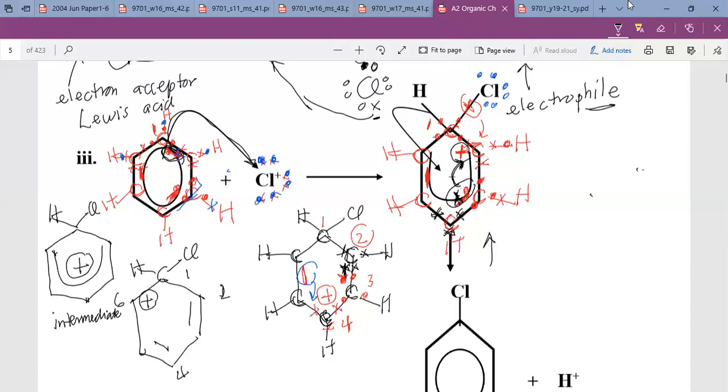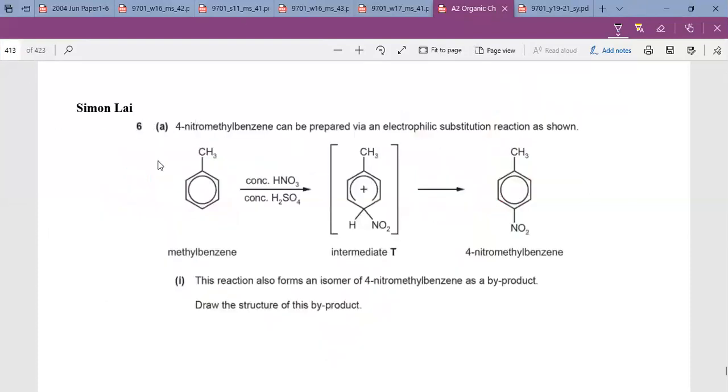Let me just show you the question on the intermediate structure, page 413. Now here you can see, never mind this data. Remember now, this is a smiley jaw.